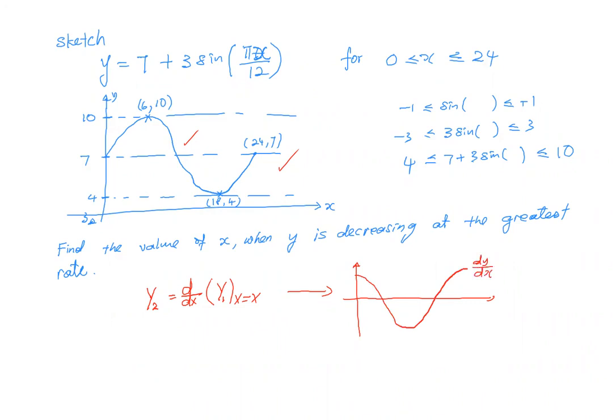You get this graph? Something like that. It's very flat. This is the one that is the lowest rate. Yeah, it's like that. Lowest rate is here. So this is the x that you are supposed to get.